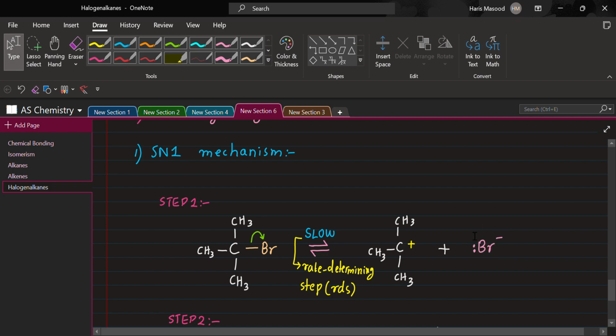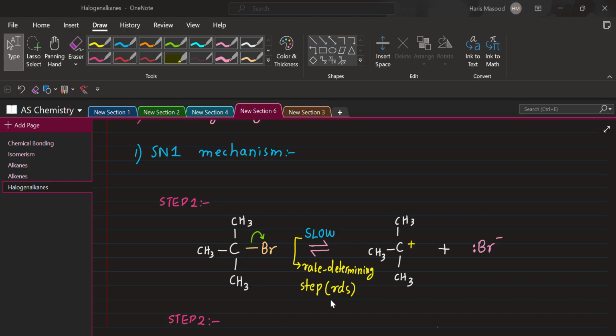Why is it slow? Because it is not easy to separate the Br from the carbon. We will study in A2 chemistry that rate determining steps are the slowest ones, because if the step is fast, how are you going to determine the rate?